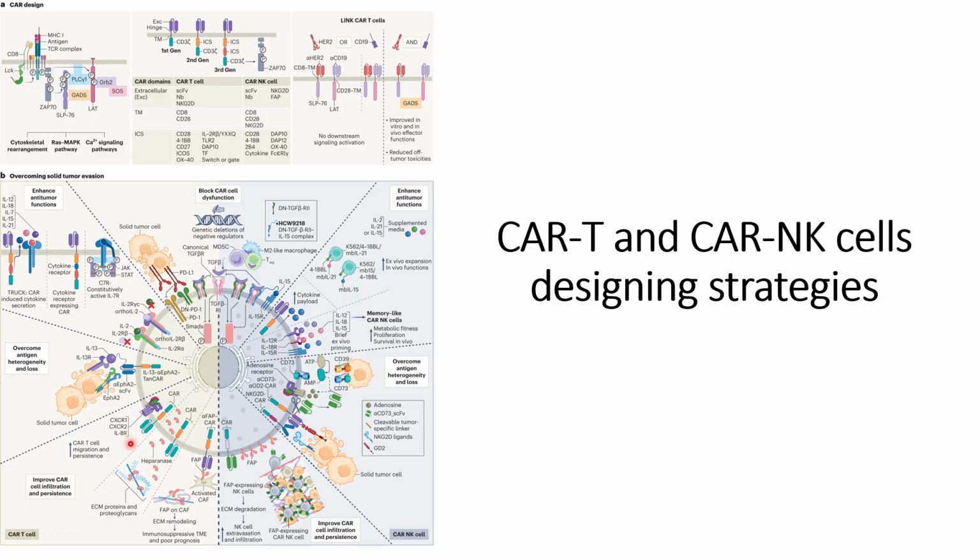This can be activated through several receptors such as CXCR1, CXCR2, IL8R, and it can help in CAR T cell migration and persistence, and it can reach the tumor cells at distant sites.